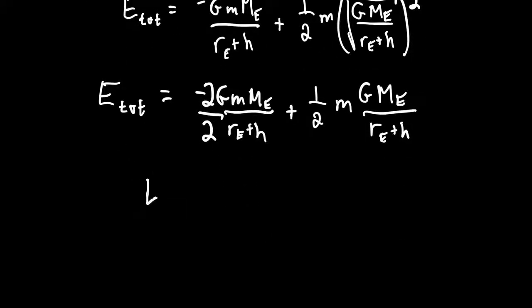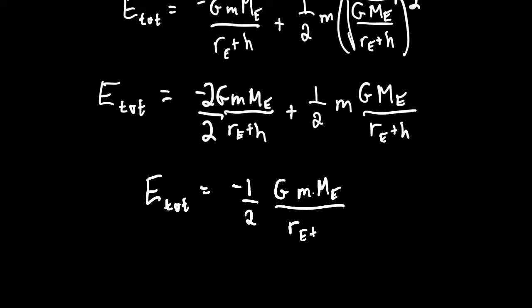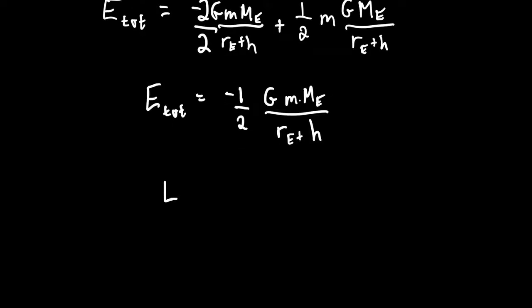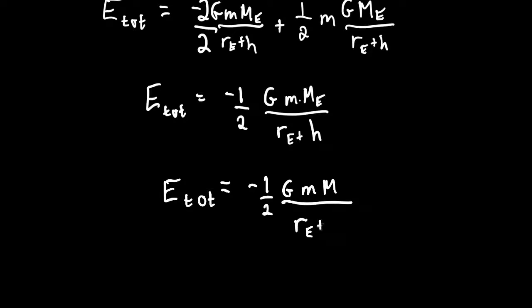So the total energy I have is negative 1/2 big G times little m times big M over RE plus H. You know all those numbers, so you can plug them in and find the total energy is equal to negative 1/2 times big G times little m times big M over RE plus H. Plug all those numbers in, you'll get negative 4 times 10 to the 10 joules.